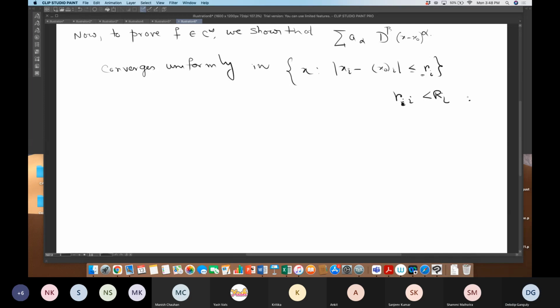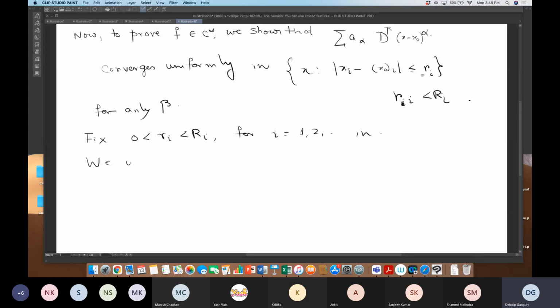Okay. For any beta, fix 0 less than r less than Ri, for i equal to 1, 2, and so on.